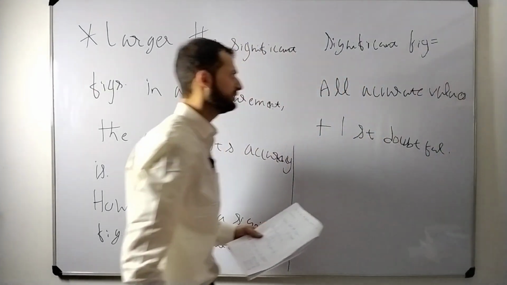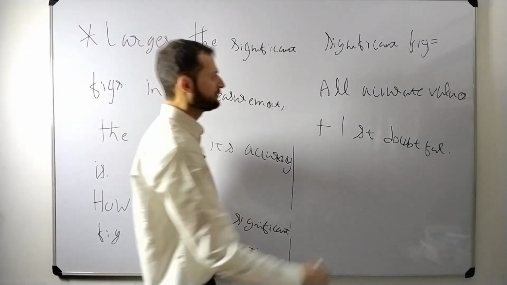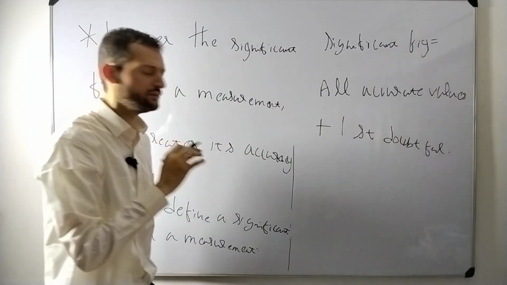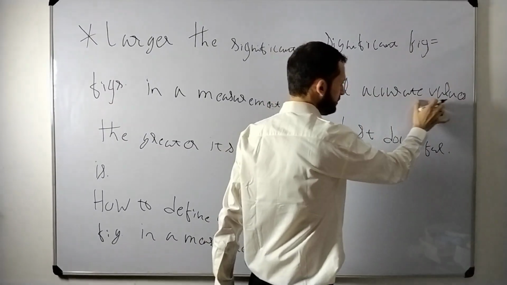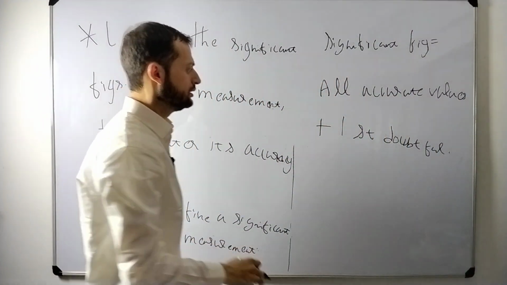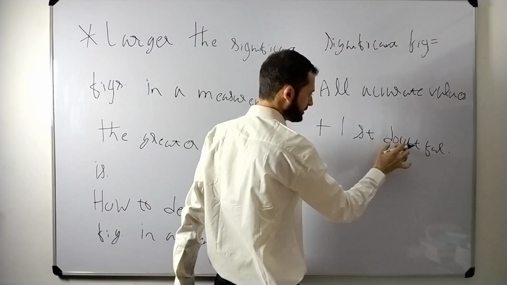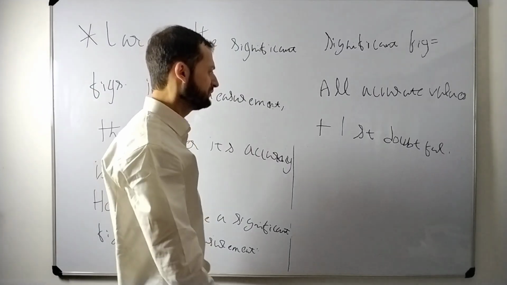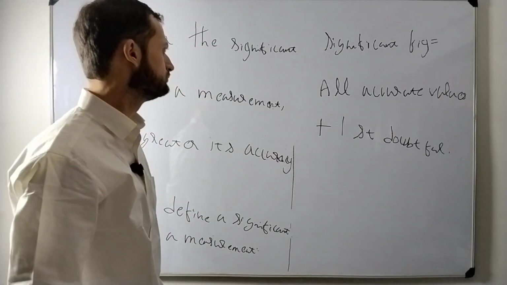Okay, this is the basic definition of significant figures. So you remember what accurate values were? Accurate values were those values that we were confident about, and this is the first doubtful. So this makes the significant figures in an observation.